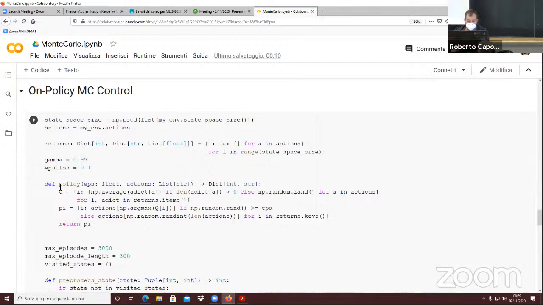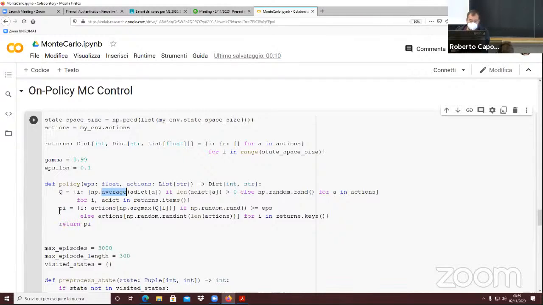Here, I'm also defining a policy function, which is just computing the policy from a Q function. Simply, what I'm doing here is averaging the returns for every action and for every state. So this is the way I compute the Q. This is just an average of the returns, and otherwise I'm initializing this table randomly.